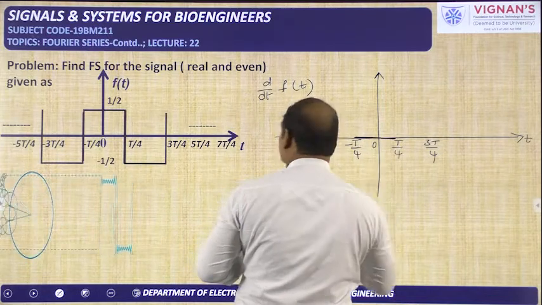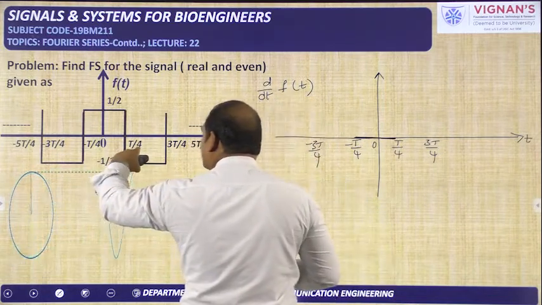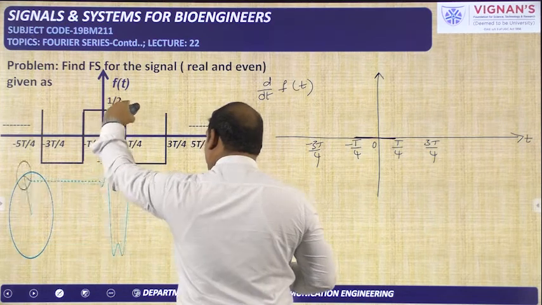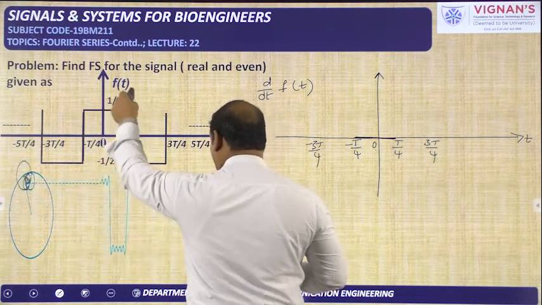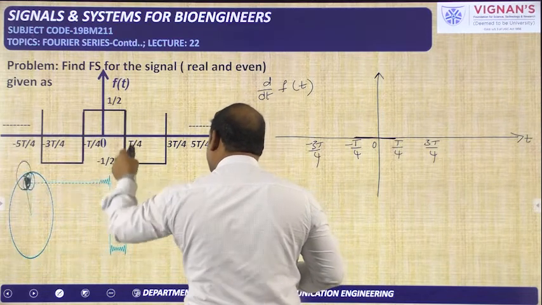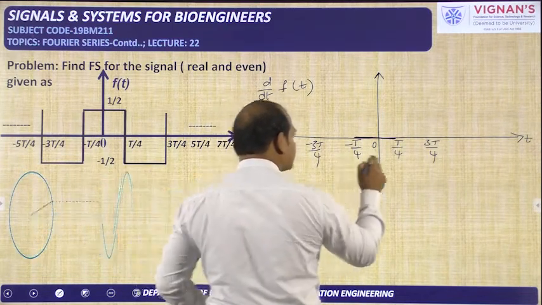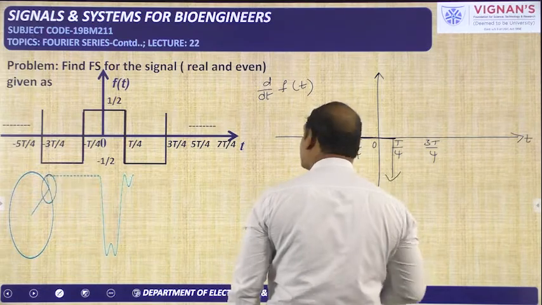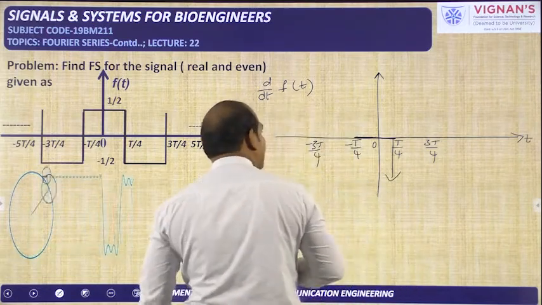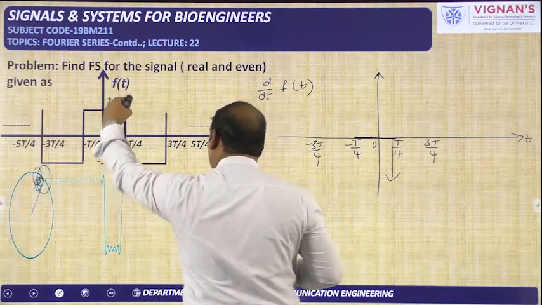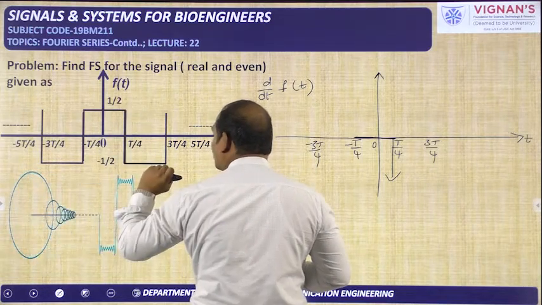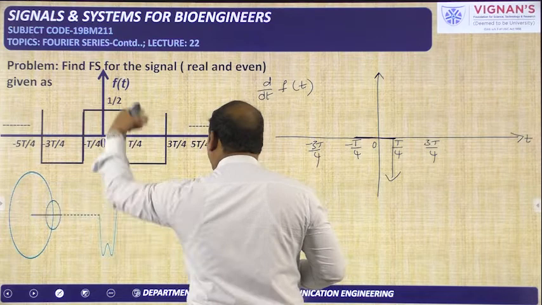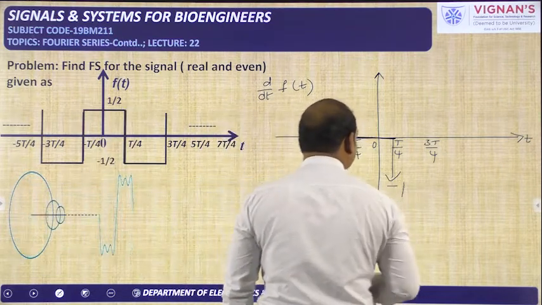Exactly at t equal to T by 4, the amplitude is changing from 1 by 2 to minus 1 by 2, so it is a sudden change. For the sudden change or discontinuity, the differentiation is the impulse. This one we have already discussed in our previous classes. And how much strength do we have to take? 1 by 2 to minus 1 by 2 means destination minus source, that means minus 1 by 2 minus 1 by 2, that is minus 1.